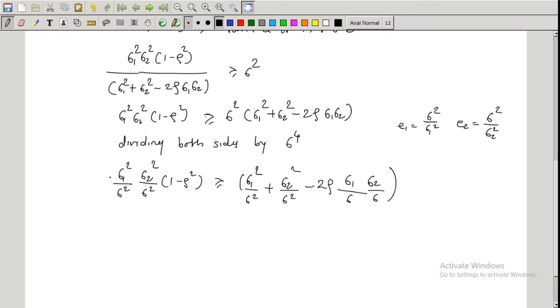So by putting these values here, we get 1 by E1, 1 by E2 into 1 minus rho square is greater than or equal to sigma 1 square upon sigma square, that is 1 by E1, plus 1 by E2 minus 2 times rho 1 upon root of E1 E2.